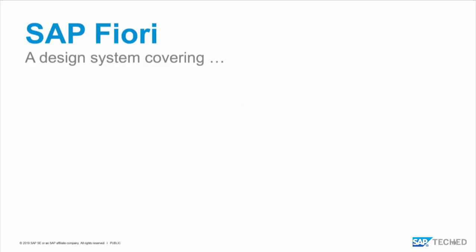So let me explain what Fiori is. Basically, it starts with Fiori being a design system, and a design system defines interaction patterns, colors, fonts, action placement, a lot of things, basic design decisions. And this design system is independent of any kind of technology.